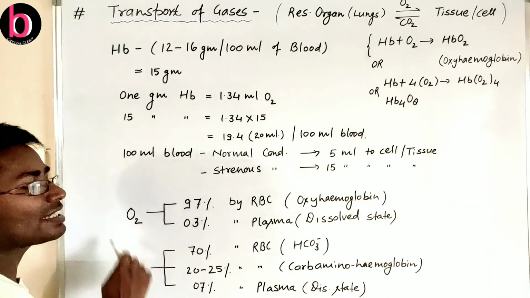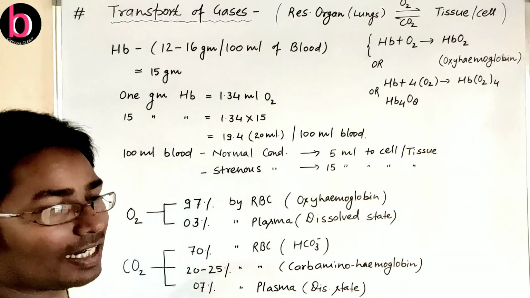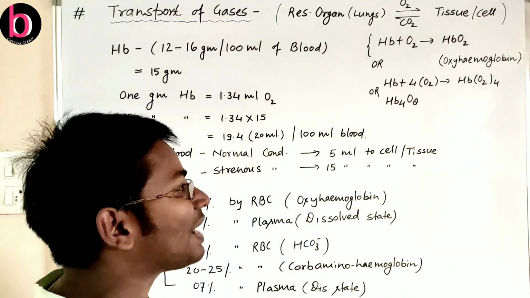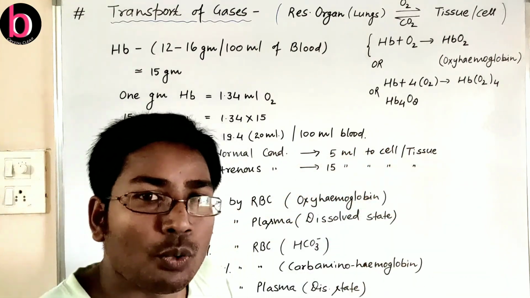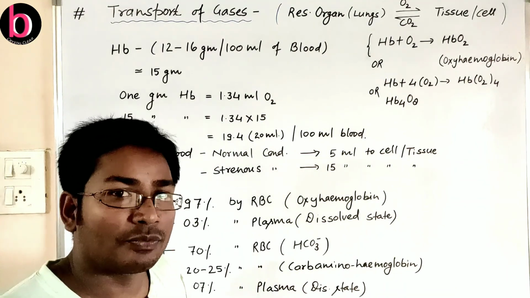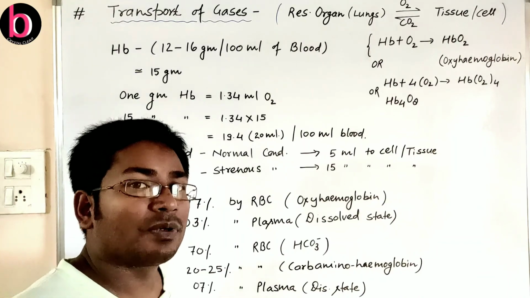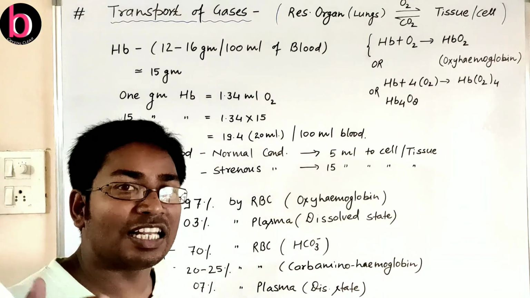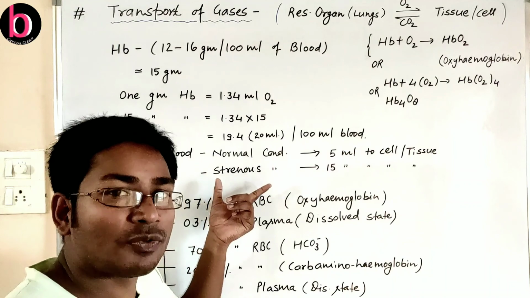So during normal situations or in resting condition, this 100 ml blood will deliver only 5 milliliter of oxygen to the cells or tissues, while 15 ml of oxygen is reverted back from the site, that is tissue or cells. And if the condition is strenuous, like a particular person is involved in huge physical activities, at that time there is huge demand of oxygen.